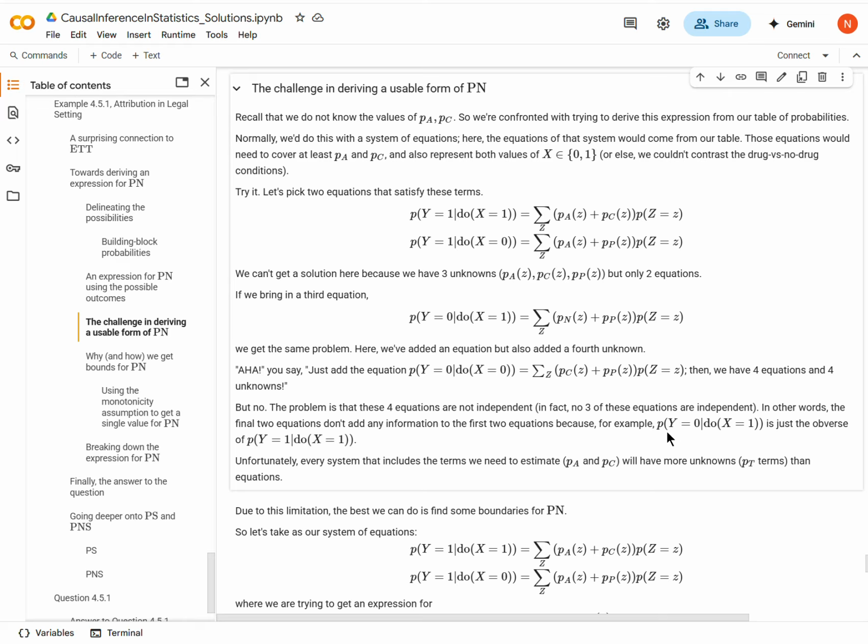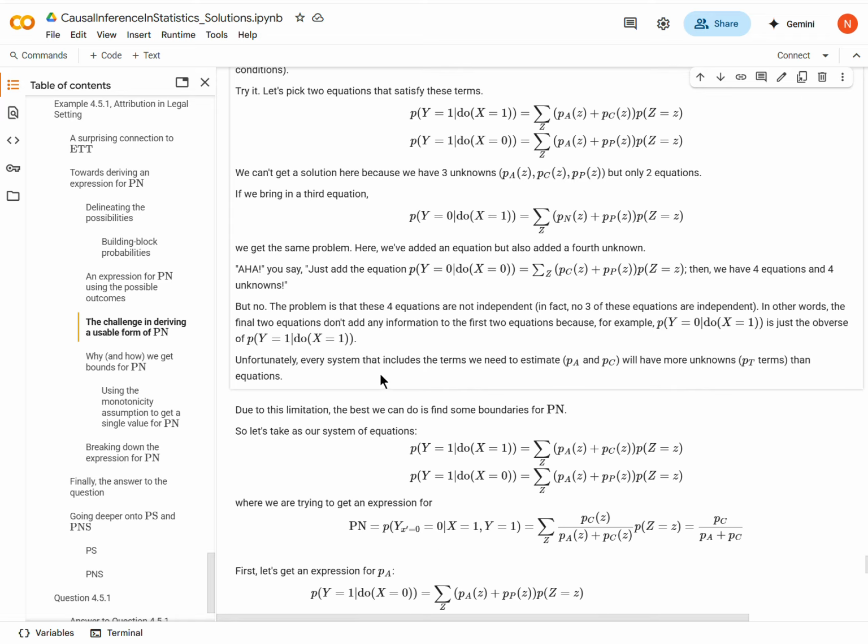Okay, so in other words, if we use these 2 expressions, they are not independent equations, right? And so by using our 4 equations, we don't actually have 4 independent equations. So that's too bad. So we can't just use 4 equations to solve the 4 unknowns.